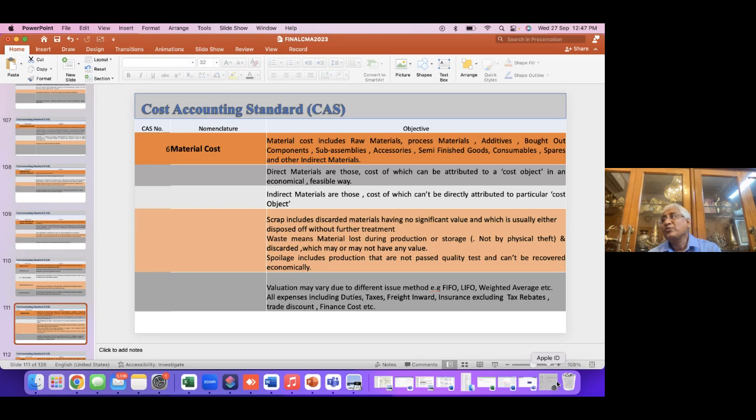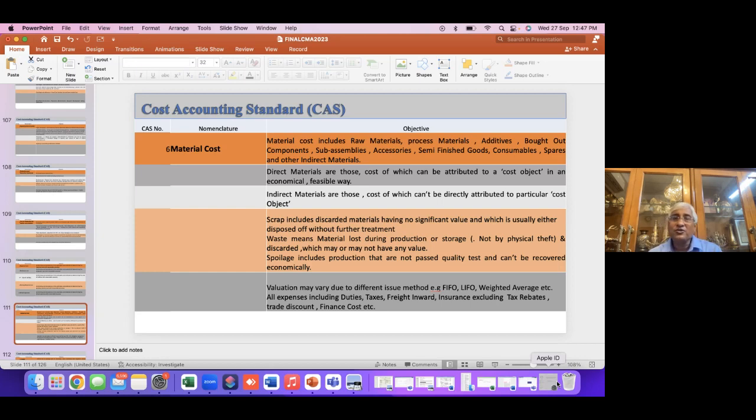So these bought out components are those components which can be purchased from some manufacturer and directly used in the product, provided that it falls in line with the design, drawing or expectation of the manufacturer.